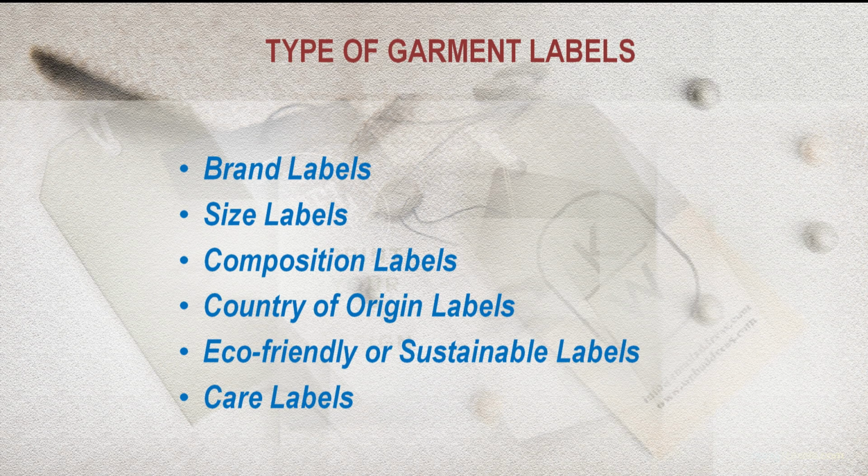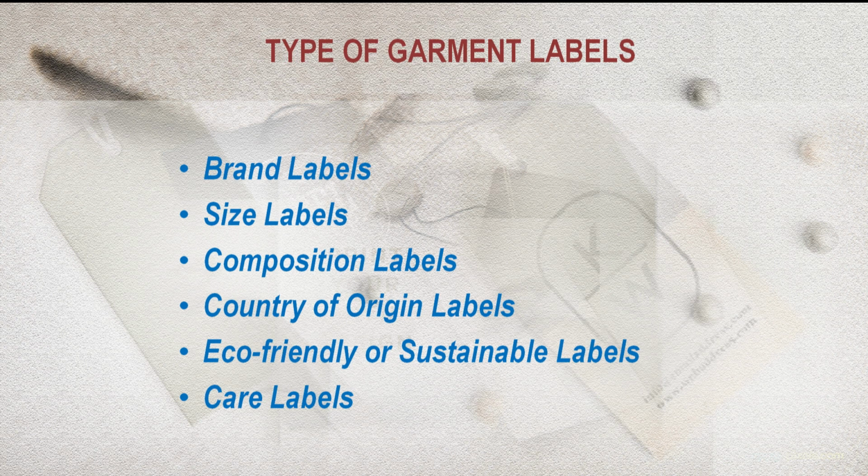That information is just written. Then the composition label: what the material composition of the garment is, whether it is cotton, linen, or a blended fabric, and what percentage of blend there is, is also mentioned. Then the country of origin label is also mentioned.